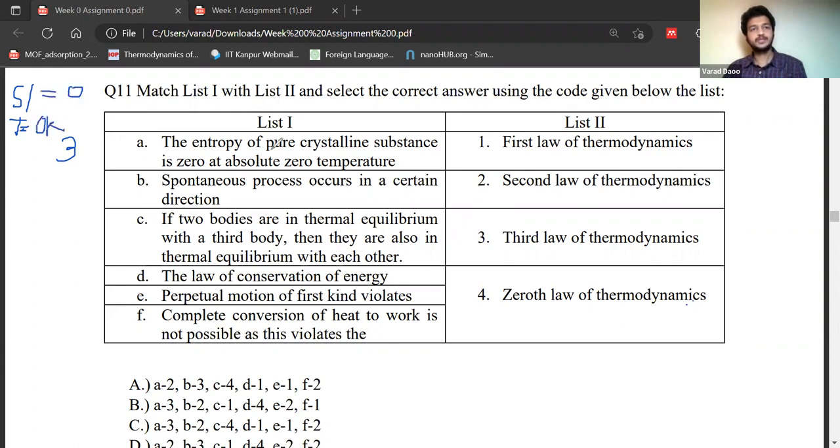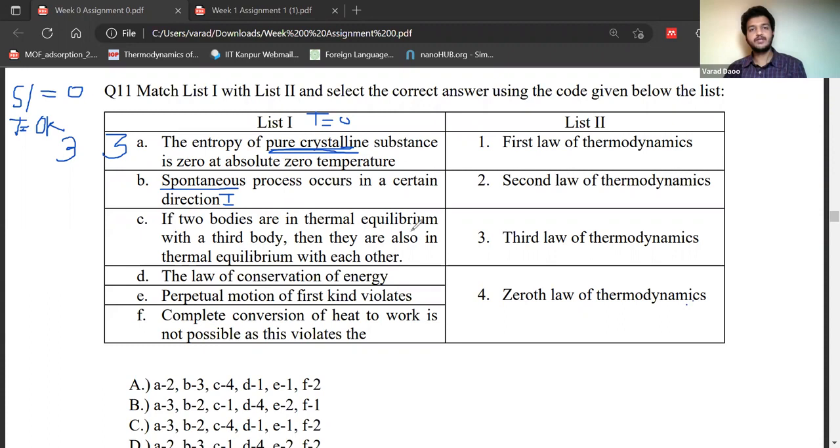So pure crystalline substances, that means substances at absolute 0 temperature, this is the third law. Spontaneous processes occur in a certain direction. That means spontaneous means irreversible, right? So only one of them is correct. We have many options here and only 4 options here.